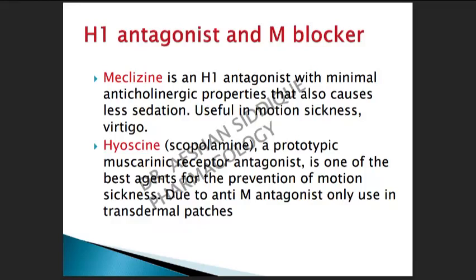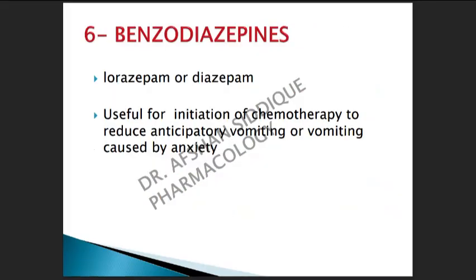Benzodiazepines, ये सारे कौन से वाले compounds हैं? Benzodiazepine is the next class which is including diazepam and lorazepam, and these are useful for initiation of chemotherapy to reduce anticipatory vomiting and vomiting caused by anxiety. Central nervous system पे ये directly act करेगी. I shown a complete area which is affected or which is continuously transmitting afferent nerves or afferent transmission to the vomiting center as well as CTZ, and such type of MSS is associated with the depression and anxiety.